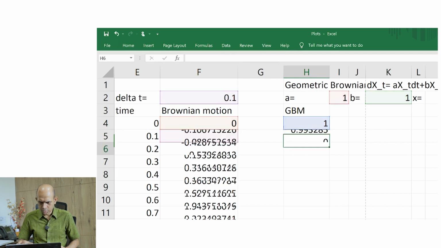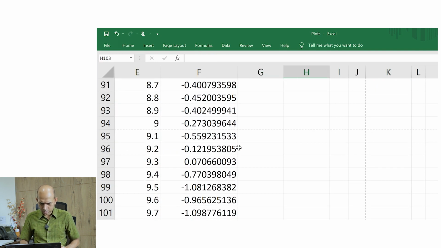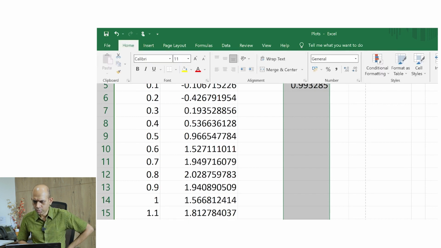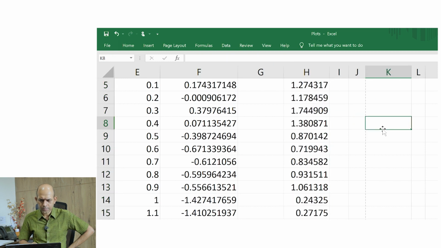So it should work. Now we go to the end, then go to the top, and drag this formula till the end.